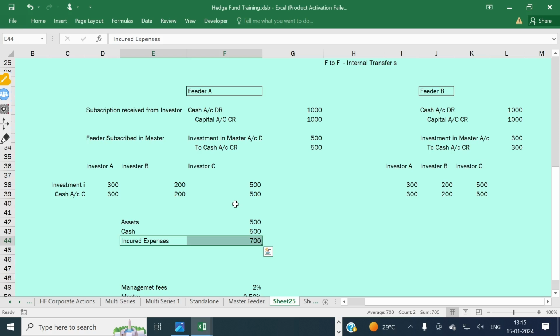No, Shiv, because cash is just 500. Then what would be the next step? So we redeem the assets. Come on, just think how we can record this.